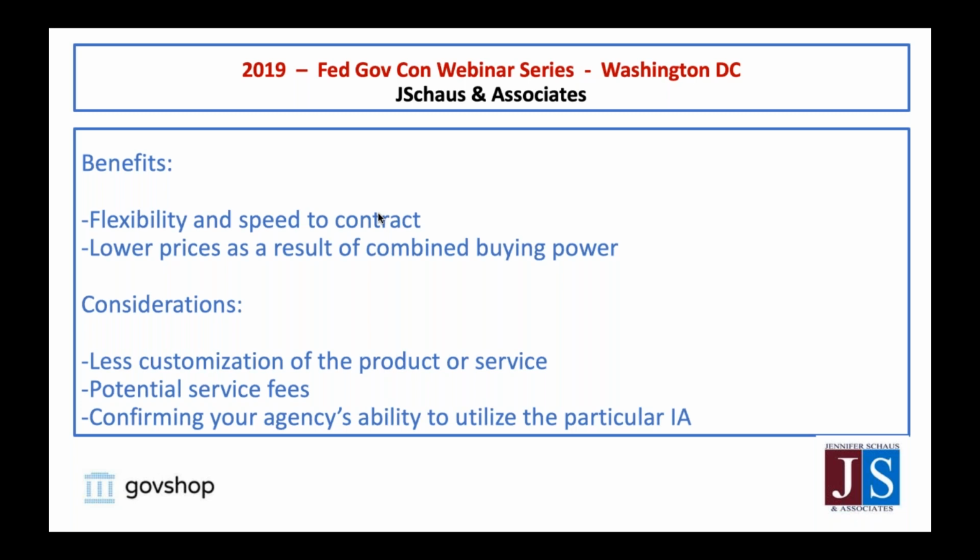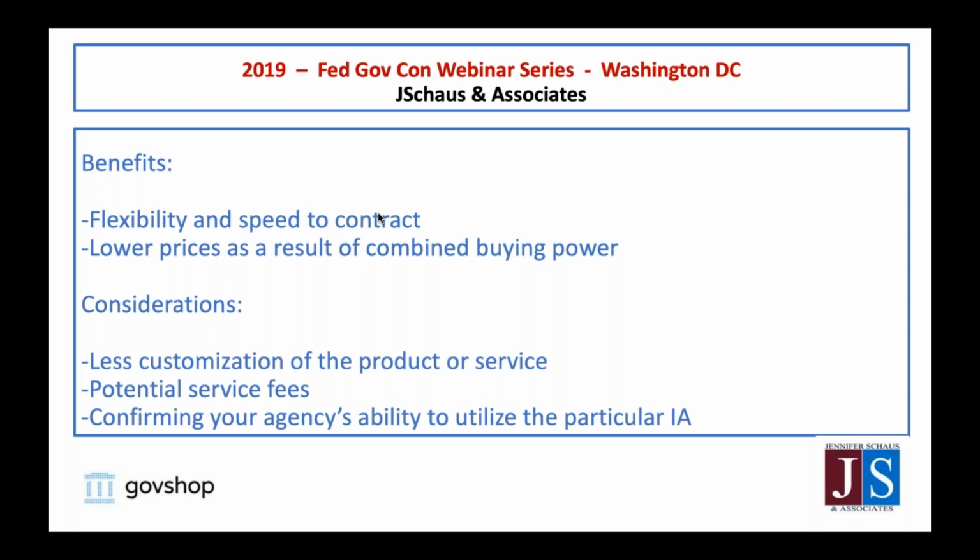As a result of that promise of future opportunity to be placed in that catalog without having to go through the full hoops of a request for proposal process, which, as you all know, can cost quite a bit of time and money, the idea is that you can provide those goods and services at a lower price because not only do you have one buyer interested, but you've got a lot of different buyers that can use that catalog or schedule, and they can buy it much more quickly. So you can pass those savings along to the buyer.